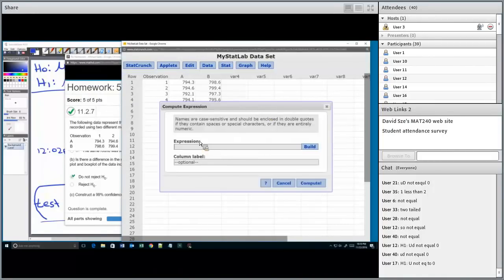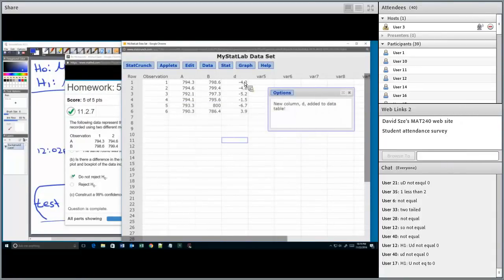My expression will be A minus B because that's where the data is. A column has values for A, B column has values for B. So I want to calculate A minus B, and I will give this new column a label D. That's my difference. So it calculates the D here. See that? My D now is A minus B for each row.